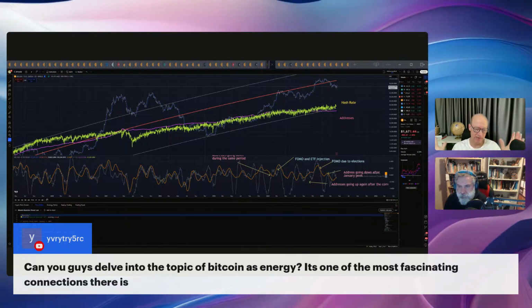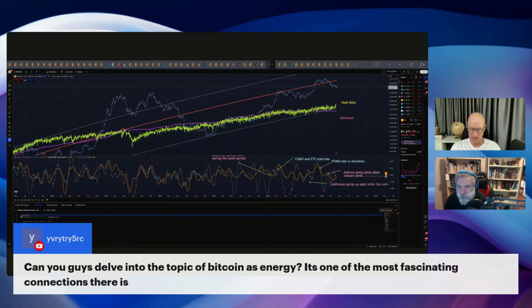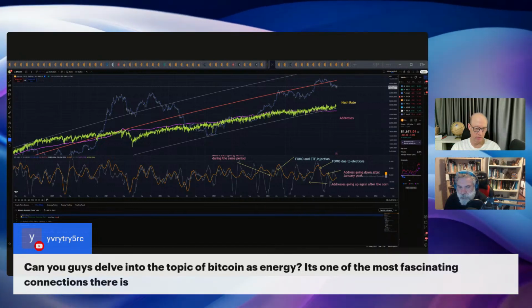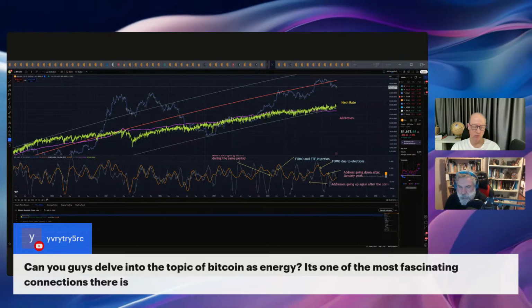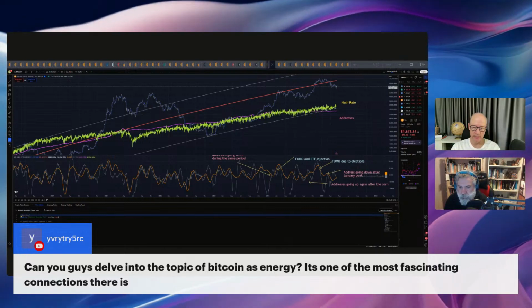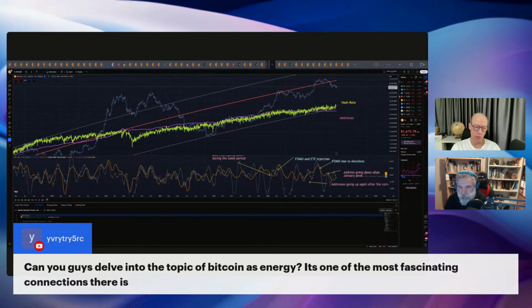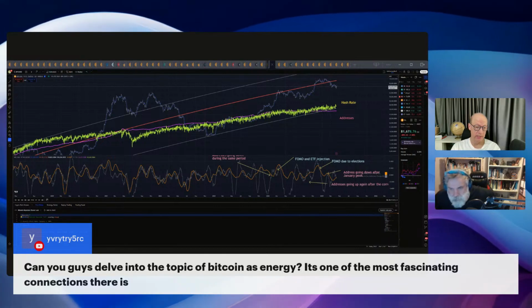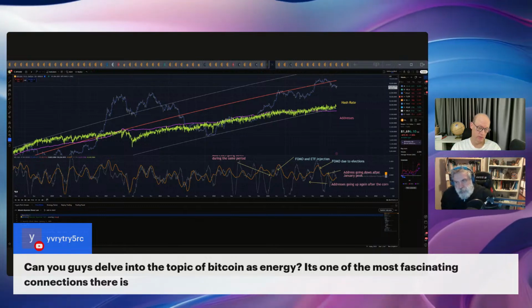Right now, it seems to be about 19 or 20 gigawatts. We need to know the average hash rate per machine, which we can get a range for by looking at machines that come out in the last year or two. And I produce reports twice a year that go into that a little bit. And then we need to know how many machines. And we don't know how many machines.